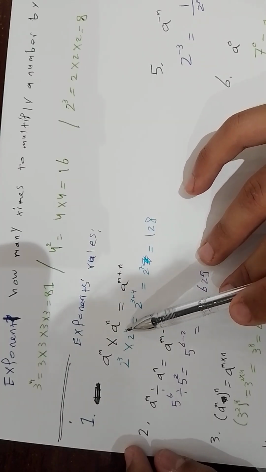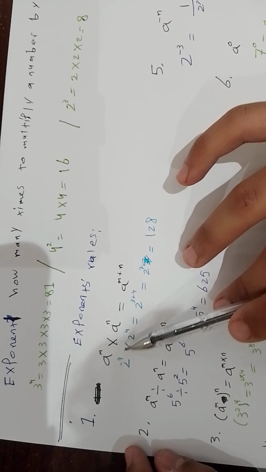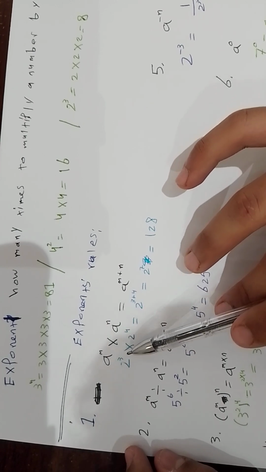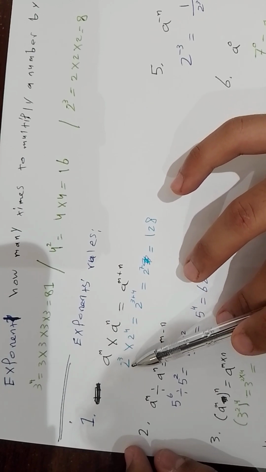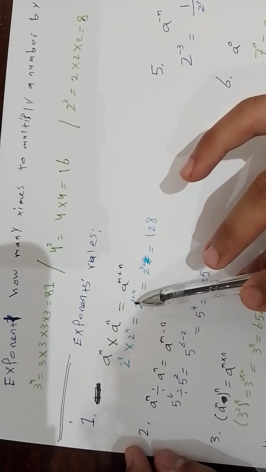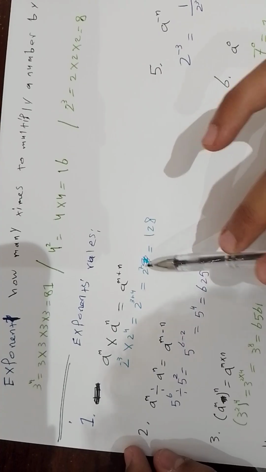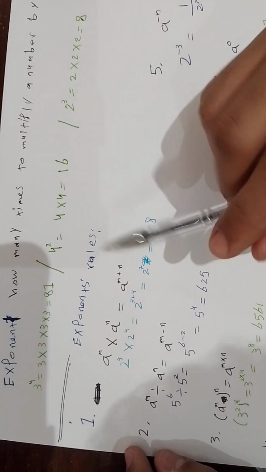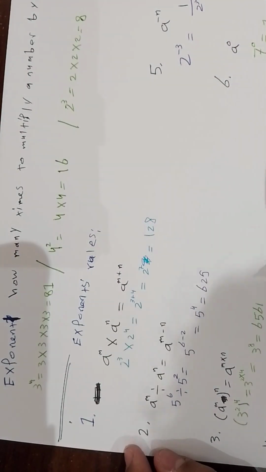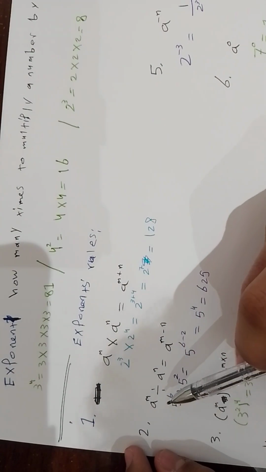You should add, or sum, the two exponents here, if the two numbers are the same. So it would be 2 to the 3 plus 4, which is 2 to the power of 7, which is 128.